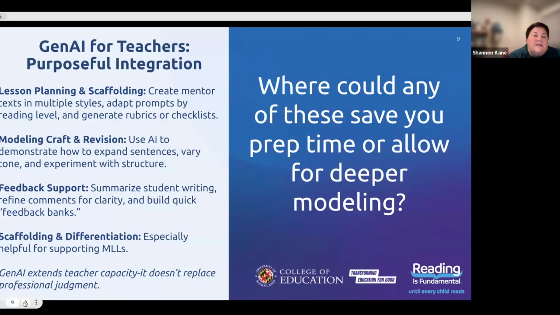This idea of feedback, right? We want it to be authentic. You know your students, but sometimes if you have multiple samples, you can look for trends. I find the idea of feedback banks useful when we're thinking of report cards and then personalizing it. And so it's really creating space for how do you take these banks of comments and feedback and then personalize it for each student as opposed to individually going through it.